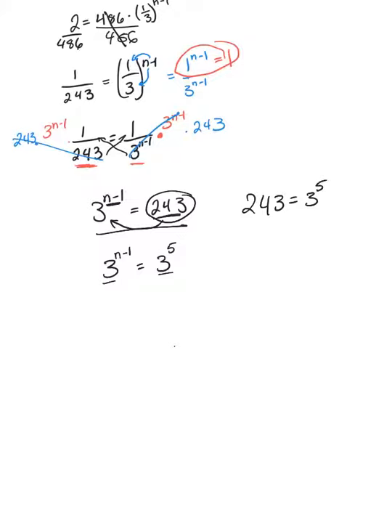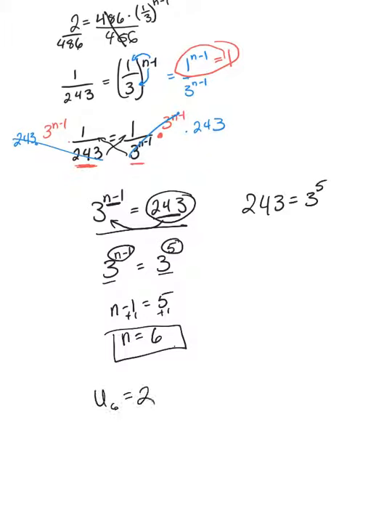Oh, well now we just have to look at the exponents and they actually become our equation. So now I have n minus 1 is equal to 5. So n must be equal to 5 plus 1. n must be equal to 6. So the number of the term is 6. So u of 6 is equal to 2.